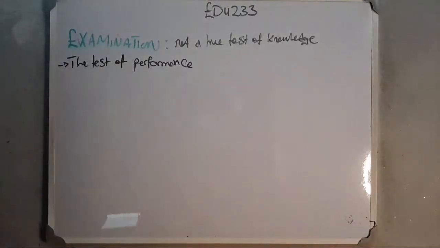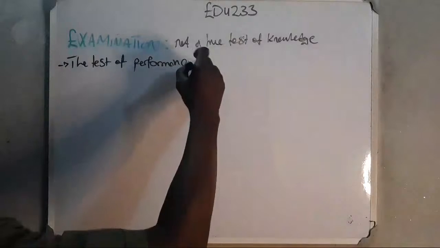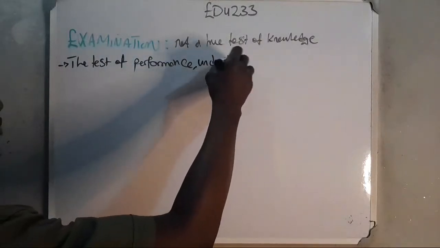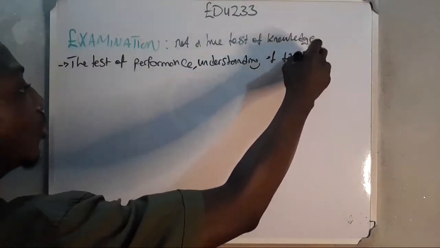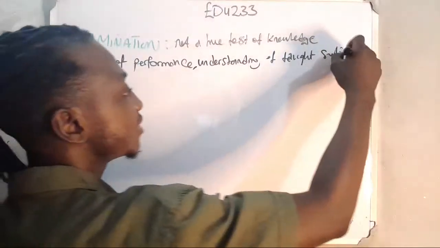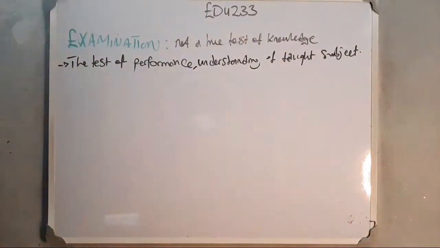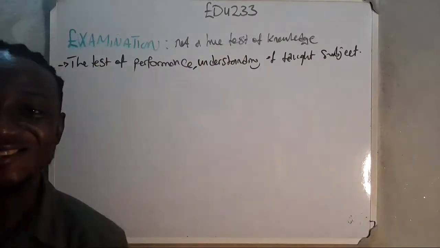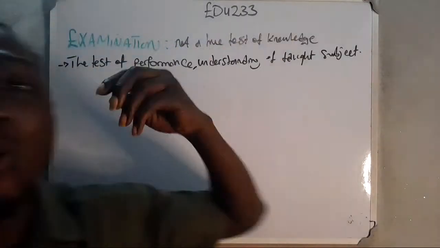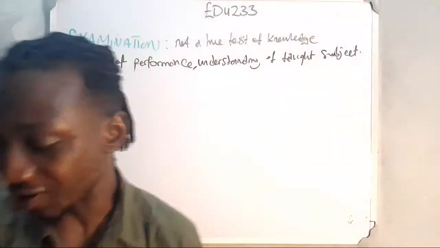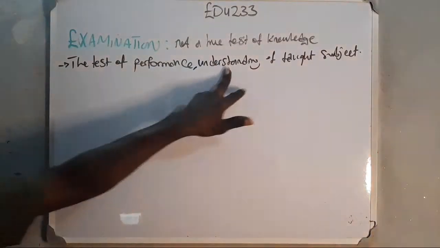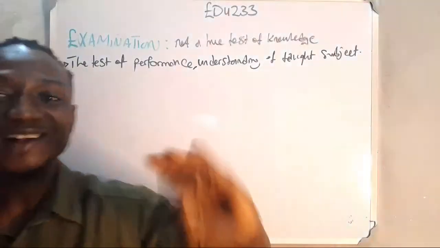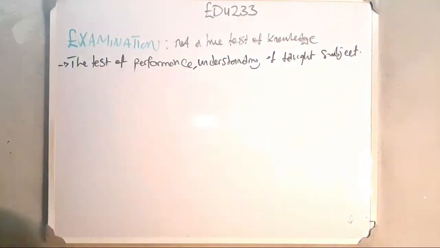To know if the student has an understanding of the subject or course taught. You set exams in order to test how well a particular student or child has been following, the level of understanding and comprehension of that particular course or subject.